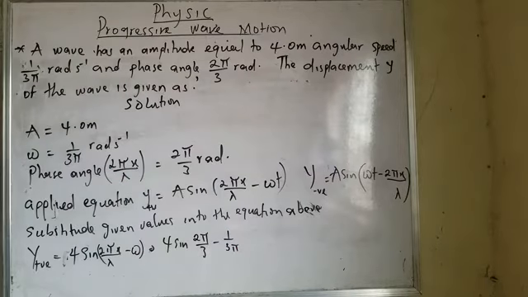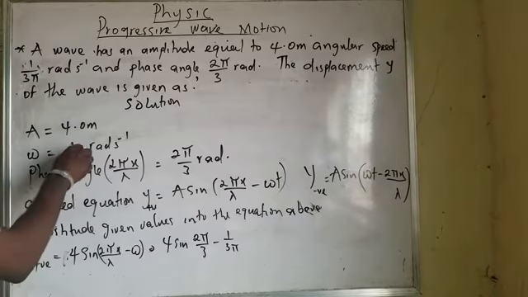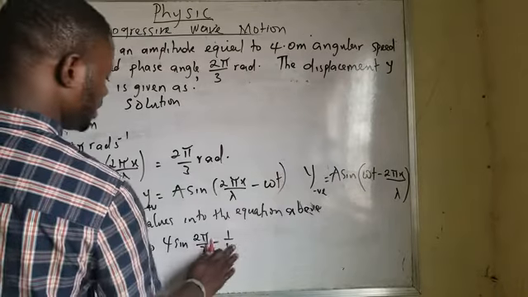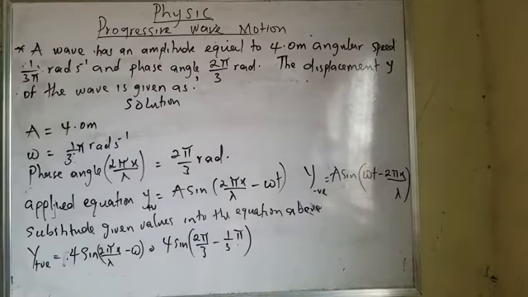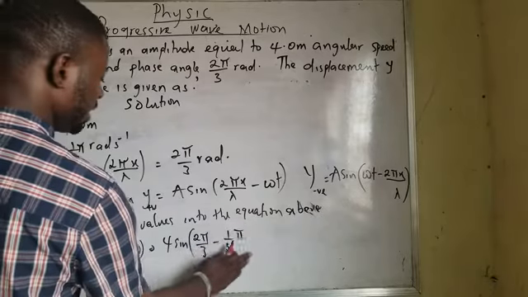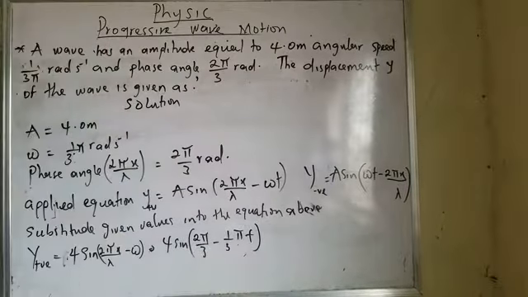Sorry, I made a mistake here. This should be like this. Sorry about that. It is 1 over 3 pi, and of t. There will be a t here. That is what I mean.